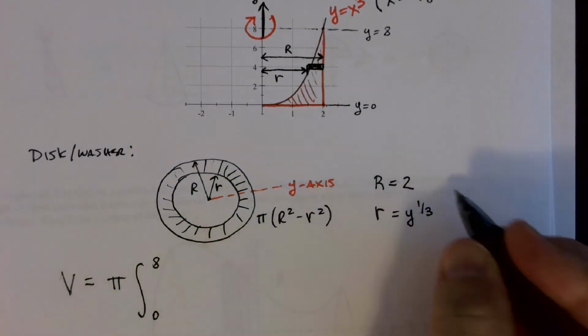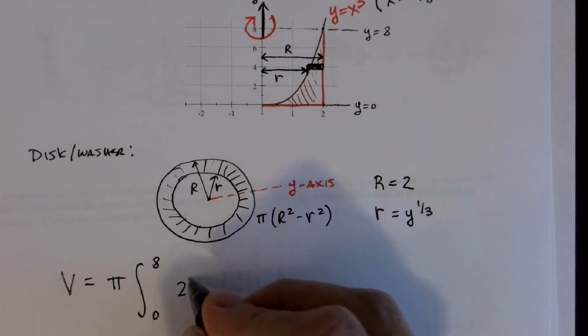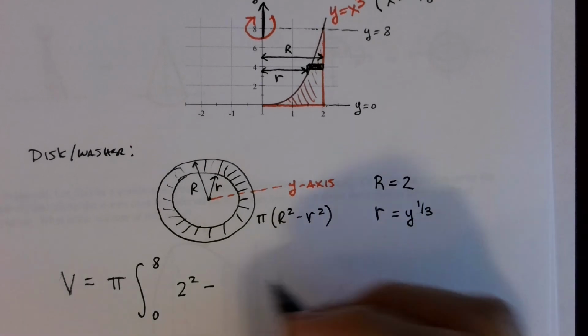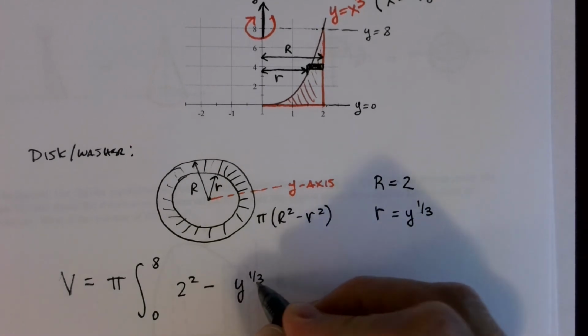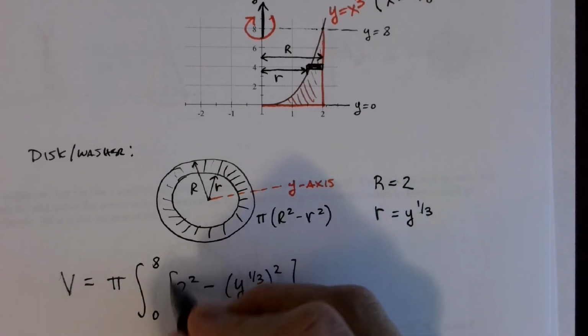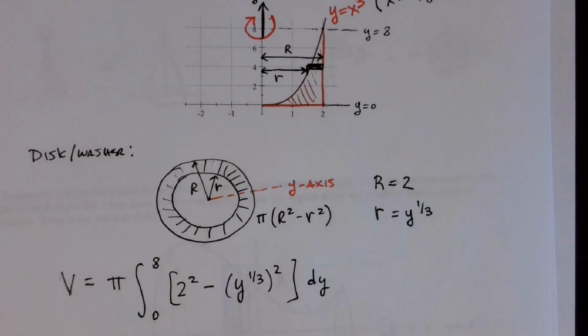And it's capital R squared, which is 2 squared, minus y to the 1/3, little r squared, with respect to y.